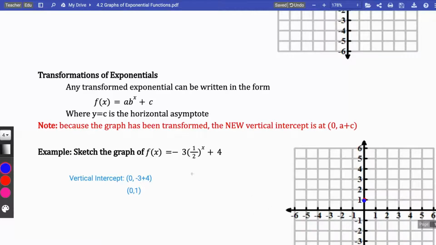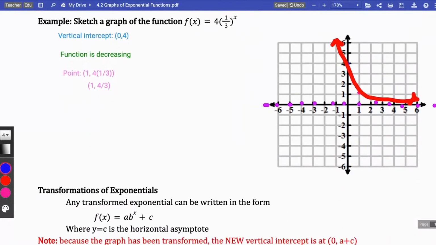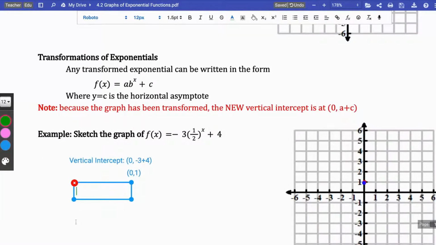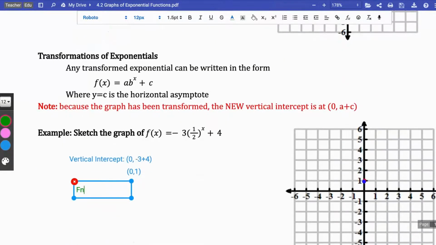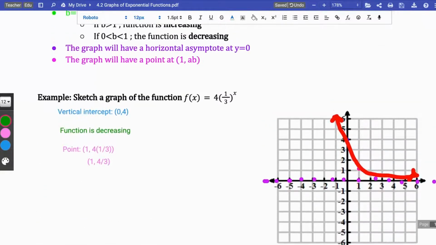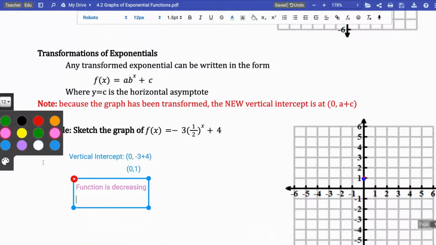Next, I'm going to take into account the rate at which it's growing. So it's growing at a rate of 1/2. So the function is again decreasing. And then I also need to take into account the horizontal asymptote.